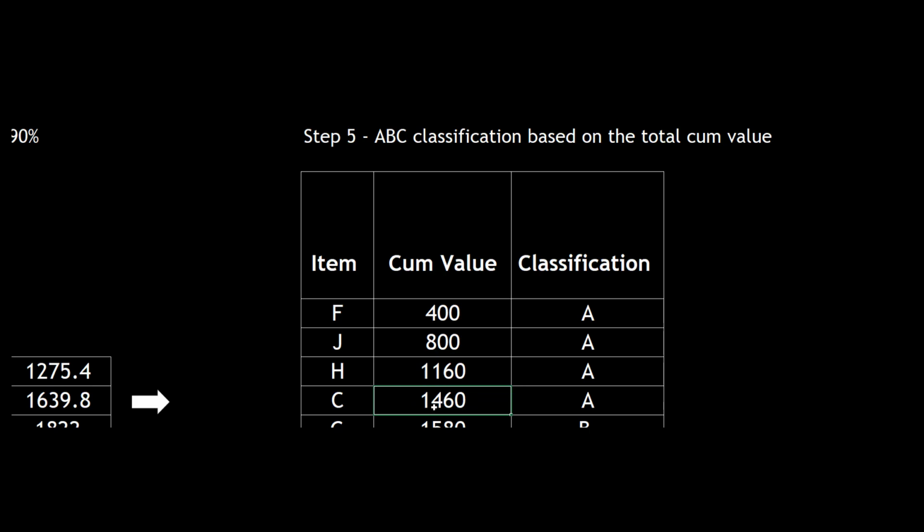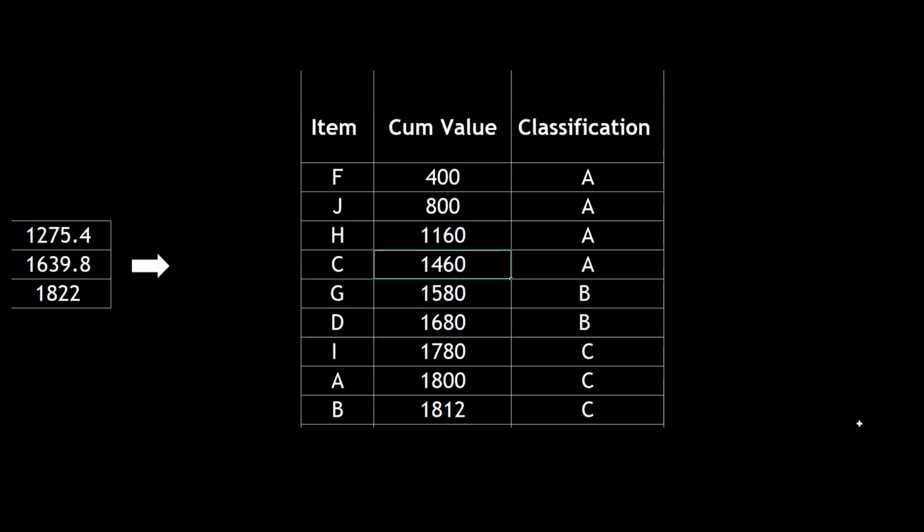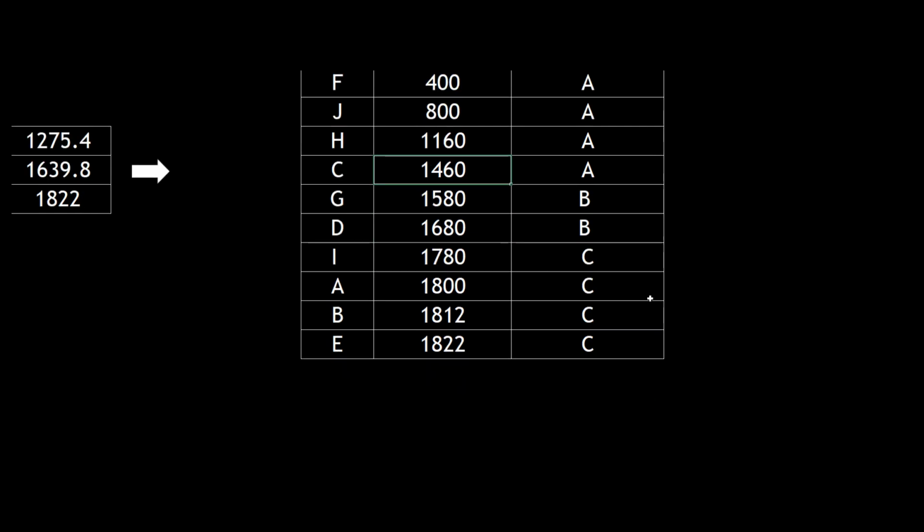That means 1275 falls somewhere within this fourth row, so all these 4 rows we treat as A class items. Now the B class cutoff is 1639. It is more than this but less than this, so the B class items will be G and D. The remaining will all be C class items.